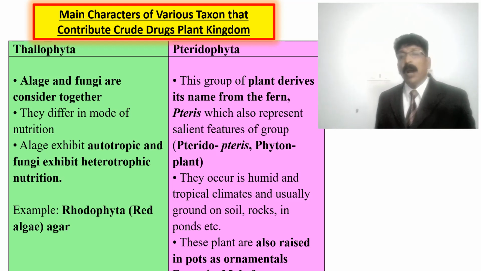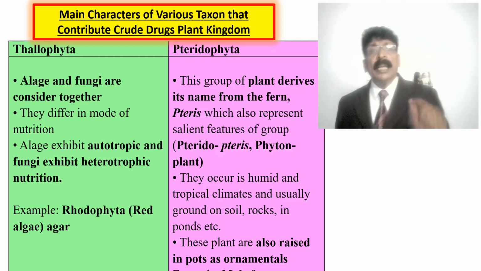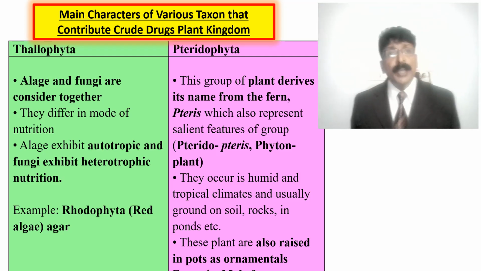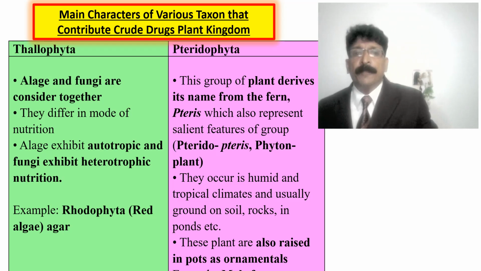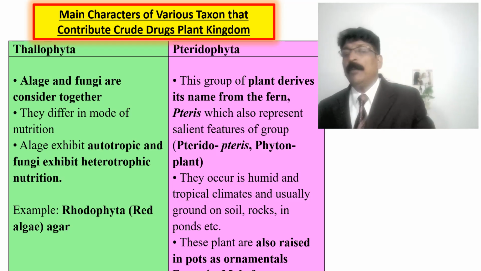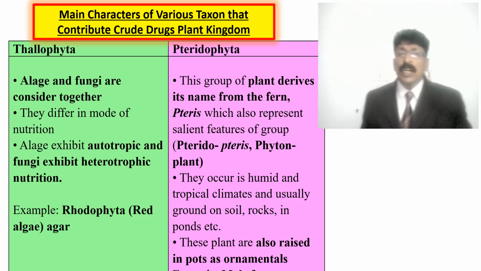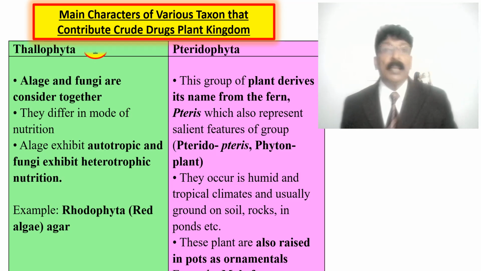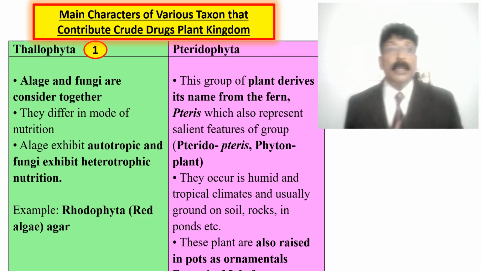They occur in humid and tropical climates and usually grow on soil, rocks, in ponds, rivers and lakes, etc. These plants are also grown in pots as ornamental plants. Example, male fern.